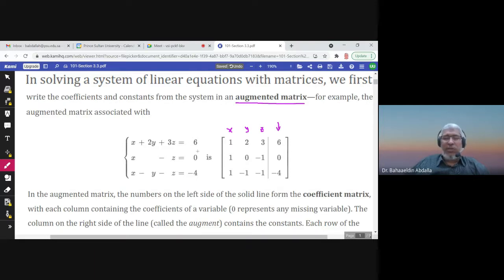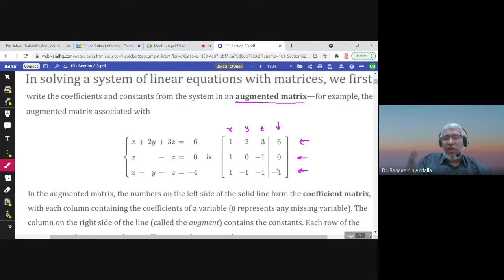These are the constant terms. In the first row, you see the coefficients of the first equation, 1, 2, 3, 6. In the second row, you see the second equation. In the third row, 1, -1, -1, -4, you see the third equation.